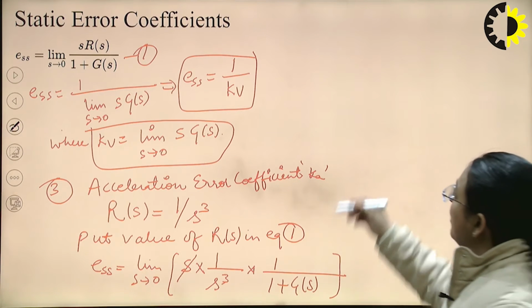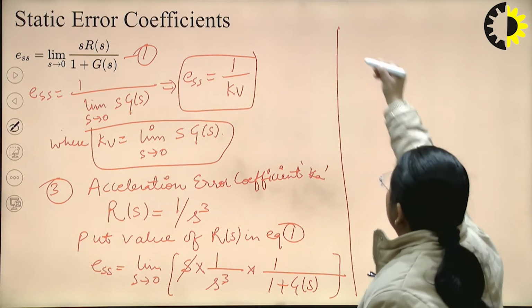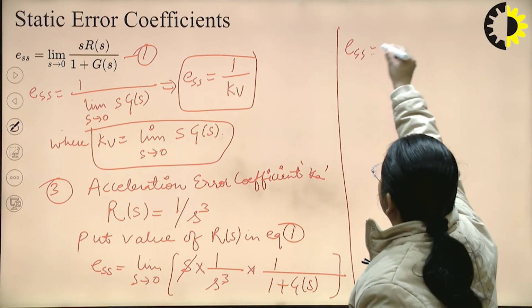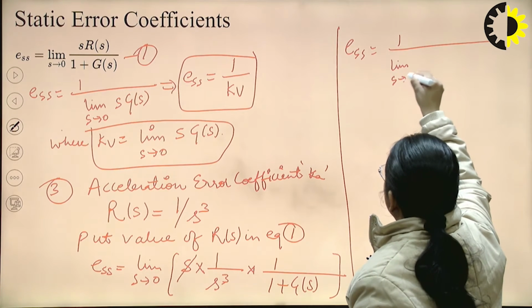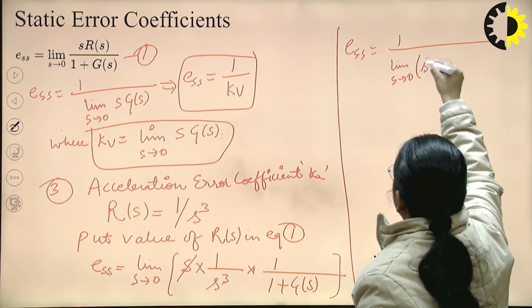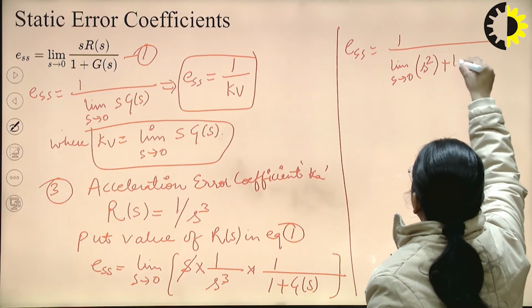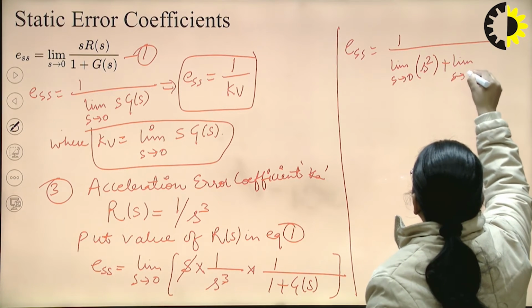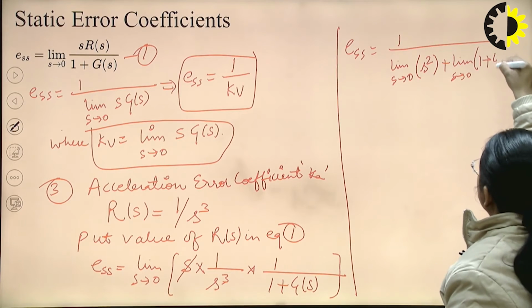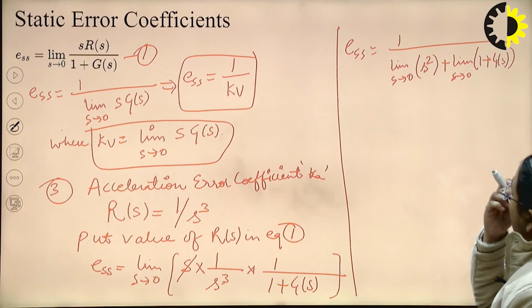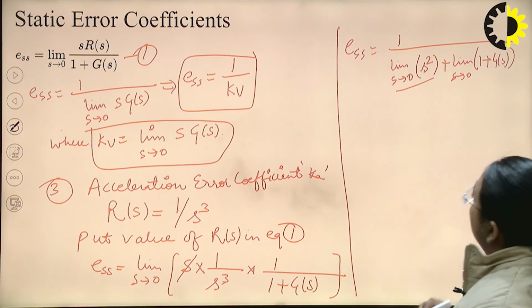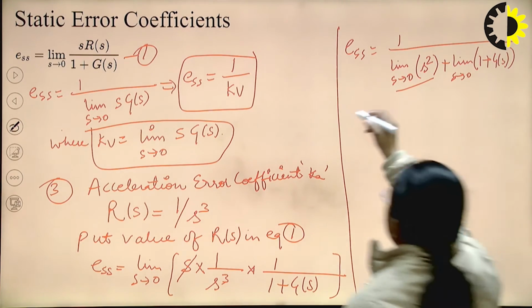We can write ESS will be equal to 1 upon limit s tends to 0 of s square plus limit s tends to 0 of 1 plus G(s). Here the first term becomes 0 and this term is left out.